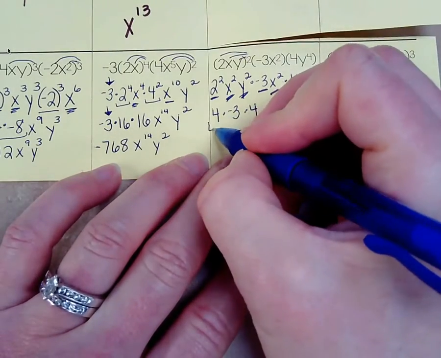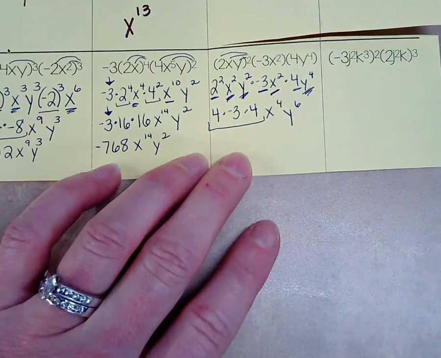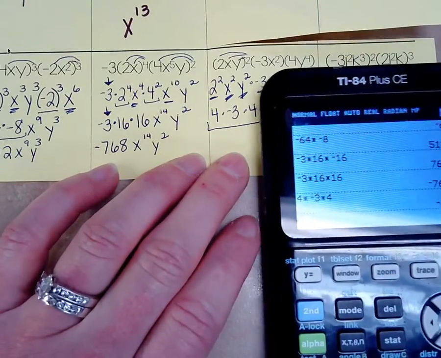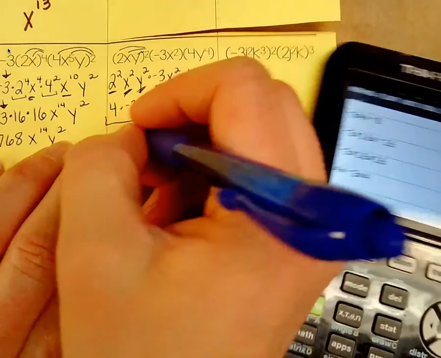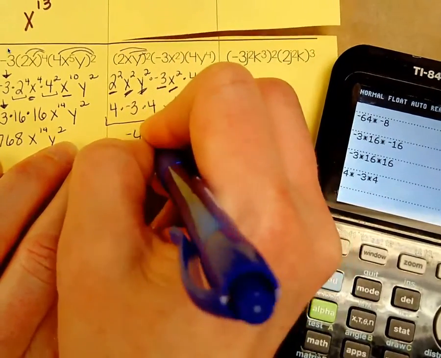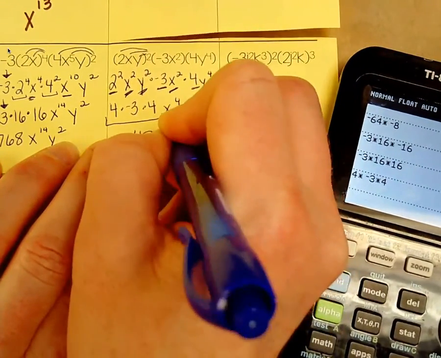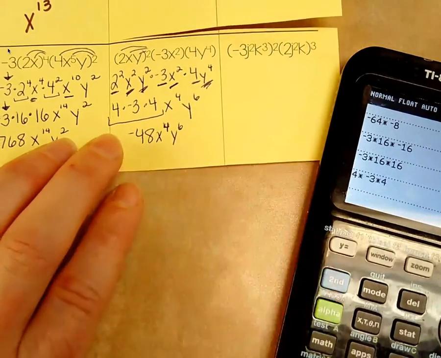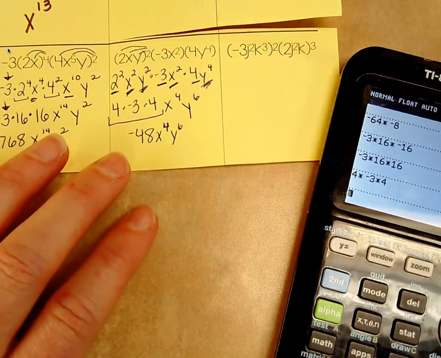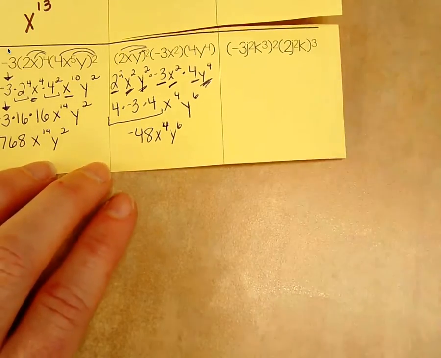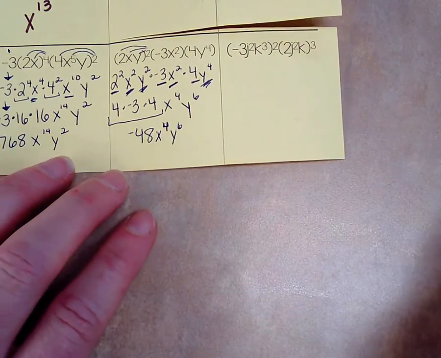Now we multiply these together. Negative 48. And then carry the rest of it down. How'd y'all do? Raise your hand if you got it right. Good job. Awesome. All right, go ahead and do the next one. Our last one.